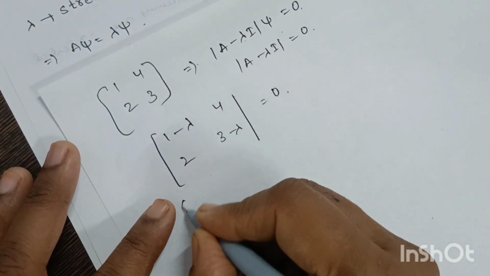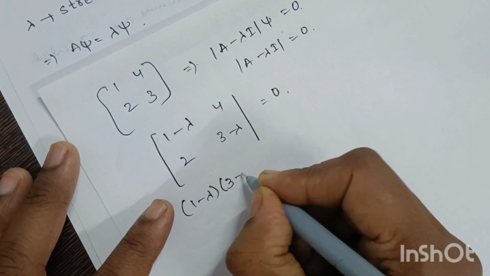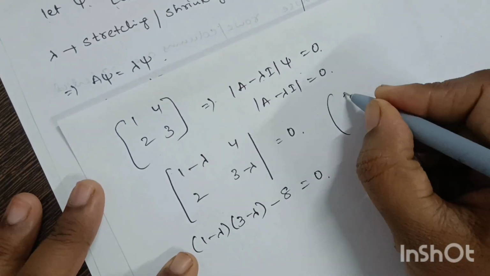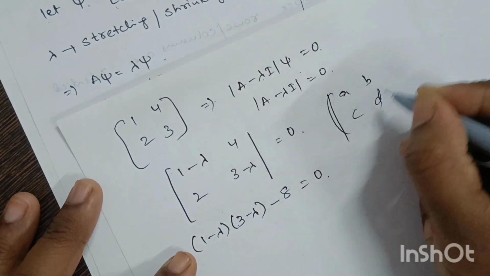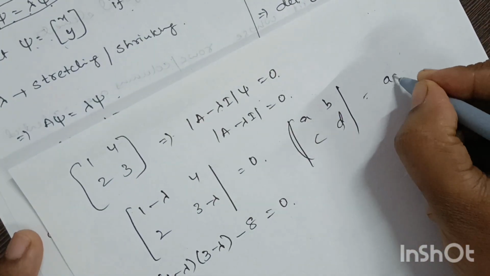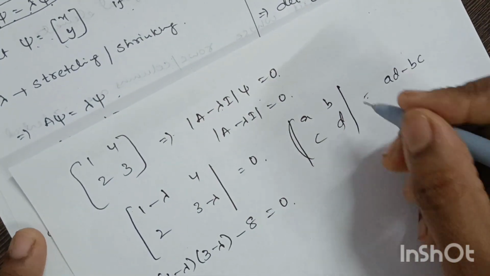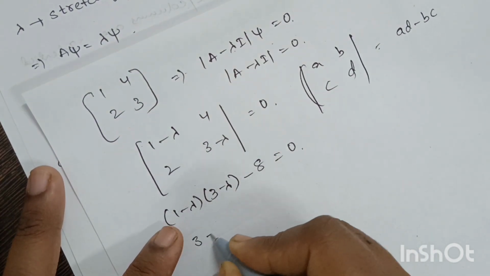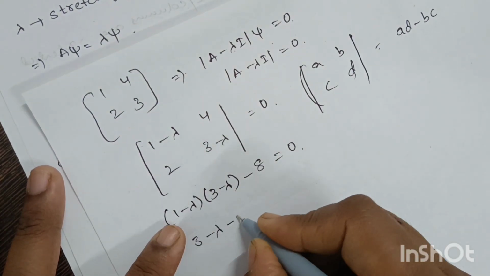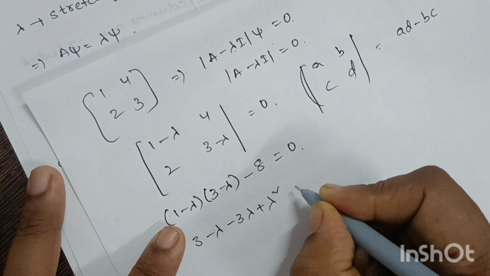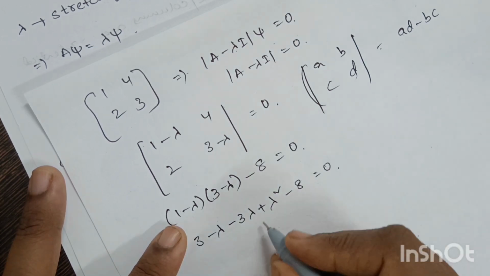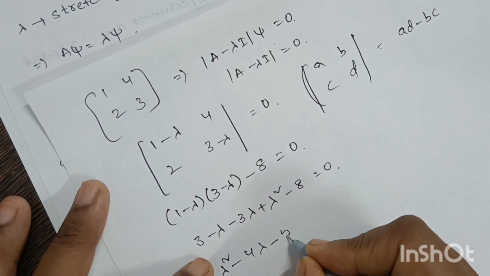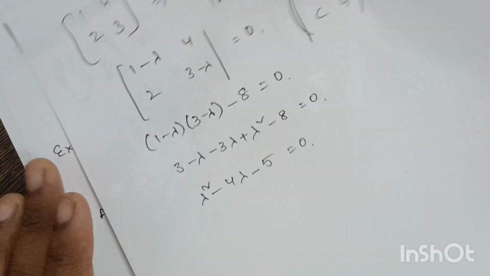The determinant of ABCD is AD minus BC: (1 minus lambda)(3 minus lambda) minus 8 equals 0. Simplifying, we get lambda square minus 4 lambda minus 5 equal to 0.